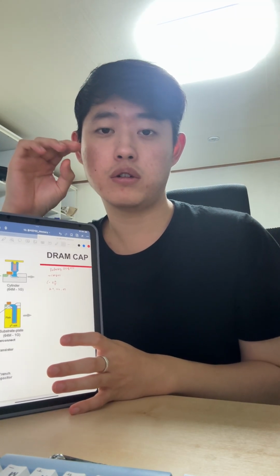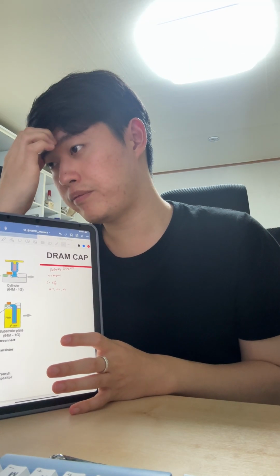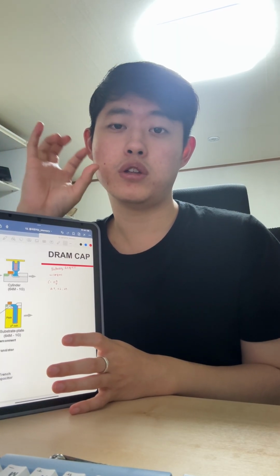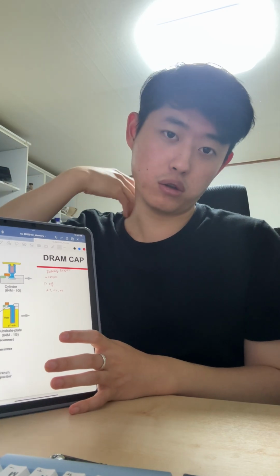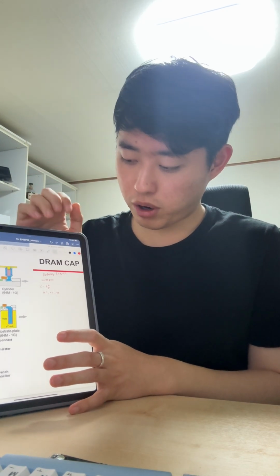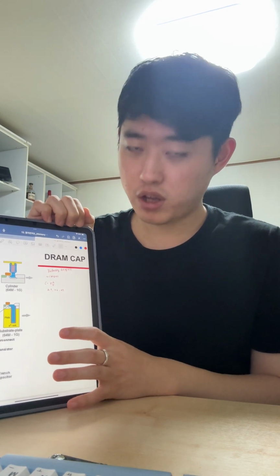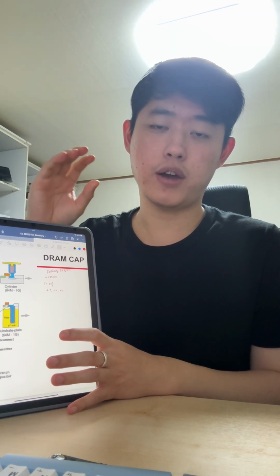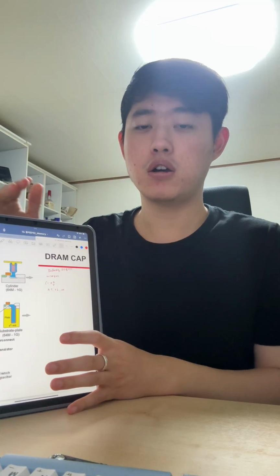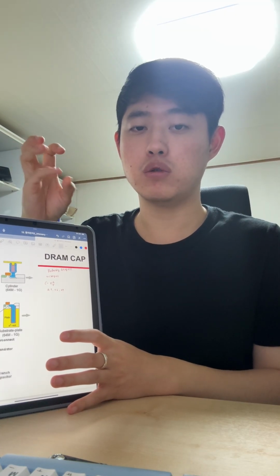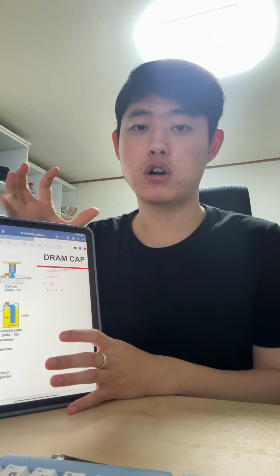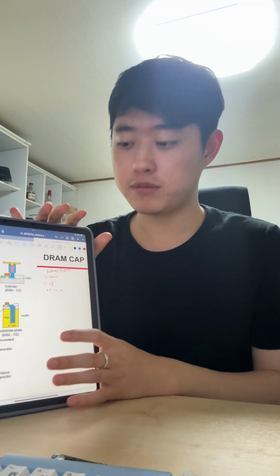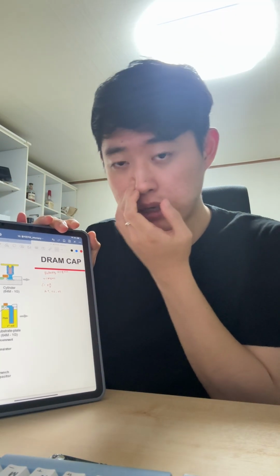Refreshing costs power consumption, so we need to lower the power consumption. We need a longer refreshing time.